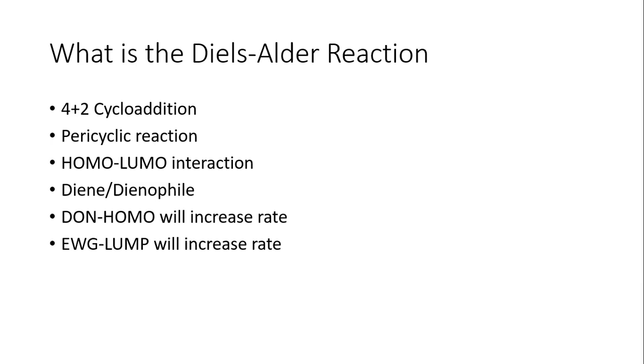The reaction is between the diene and the dienophile. When you see that suffix phile, from the Greek word philos, for love, a dienophile is a lover of dienes, right? So it's diene and dienophile interacting. In this particular case, if you add a donor to the HOMO, it's going to increase the rate of the reaction. If you add an electron withdrawing group to the LUMO, that will also increase the rate of reaction. That should be LUMO, not lump.